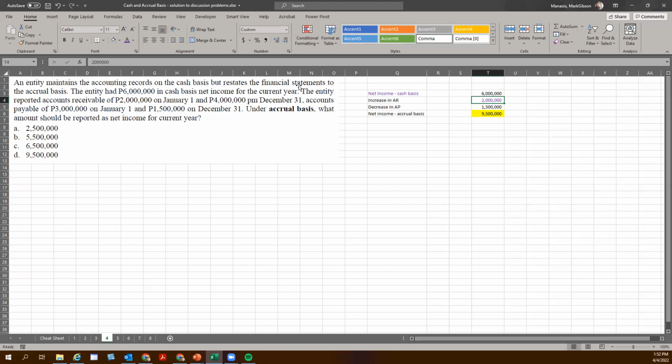So decrease in AP, we have to add this back in order for us to get the net income under the accrual basis. No? So with that, we have 6 million plus 2 million increase in AR plus the decrease in AP. So that would be 9,500,000. This would be the net income under the accrual basis. No? So that's letter D.